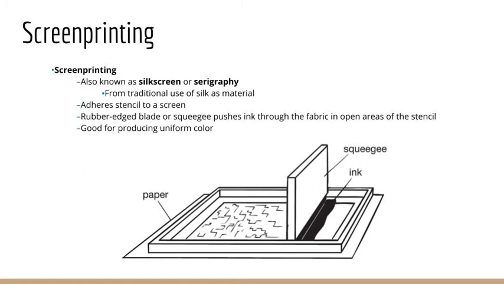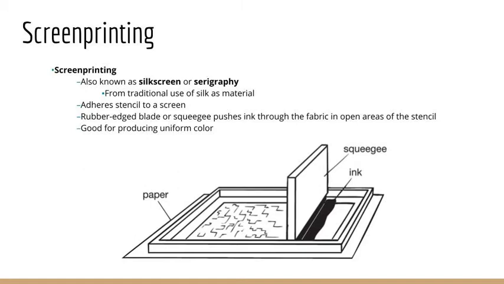What you do for screen printing is you adhere a stencil to a screen, and you take a rubber-edged blade. Oftentimes people will use a chemical process to burn away what is not on the stencil, so you don't actually have to squeegee the ink through the stencil.